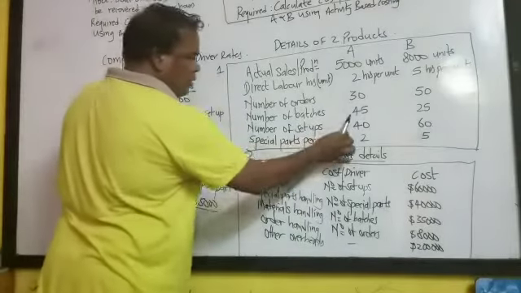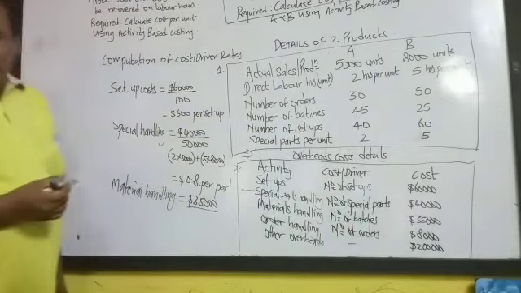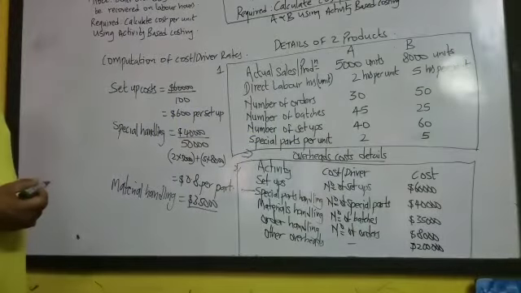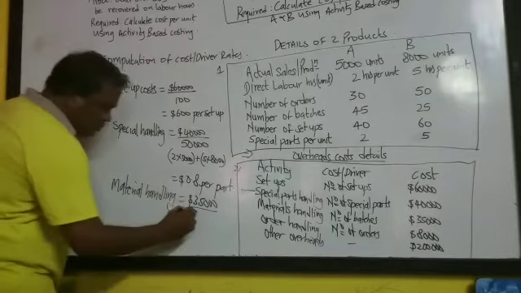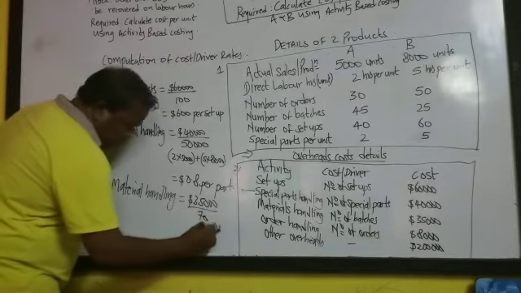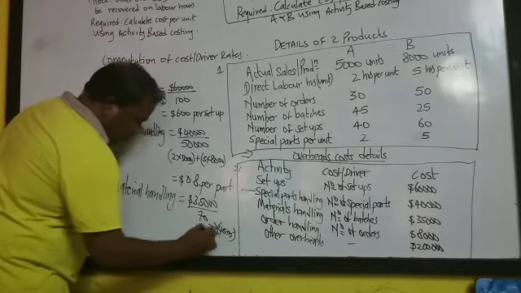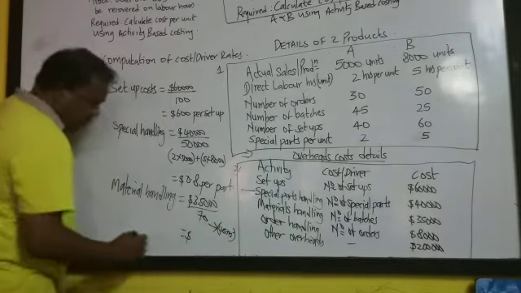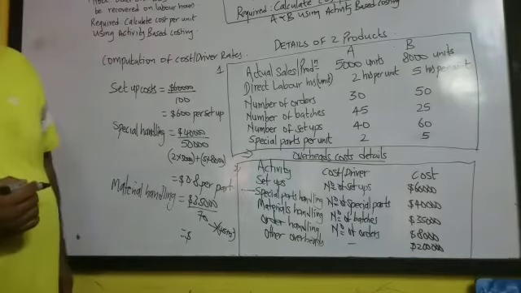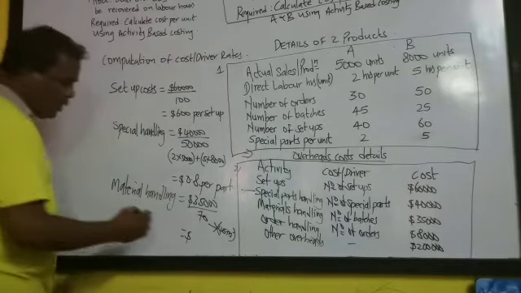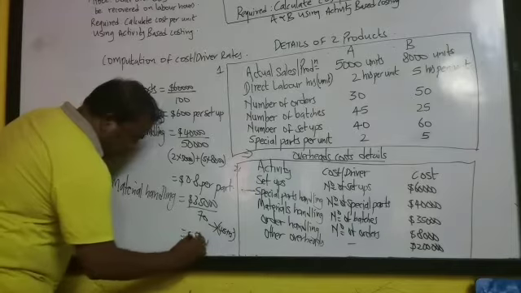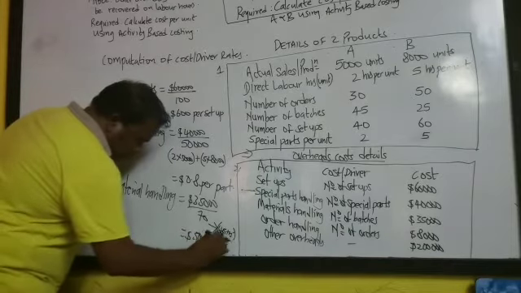Number of batches we have 45 and 25. 45 plus 25 gives us 70, then we divide. This will give us 500 per batch.